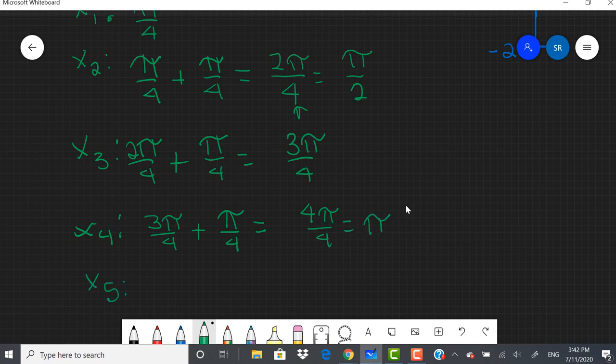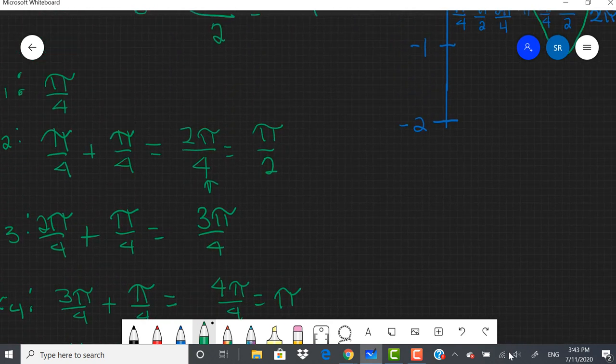And one more point: we're just going to take our pi, or 4 pi over 4, plus one more pi over 4, at 5 pi over 4. So those are all of my x values. Now what about the y values?